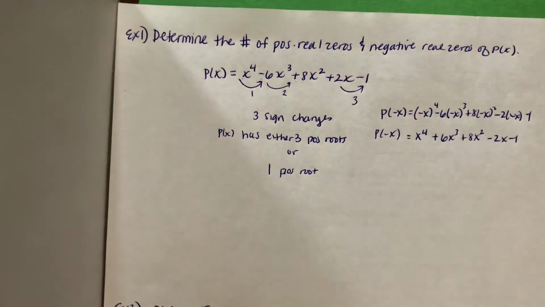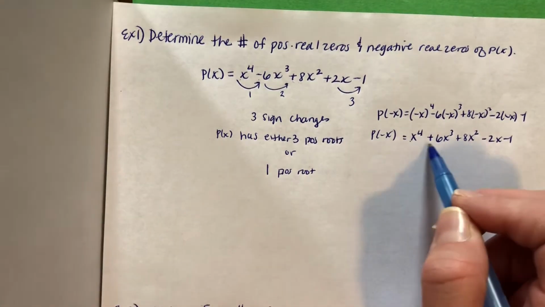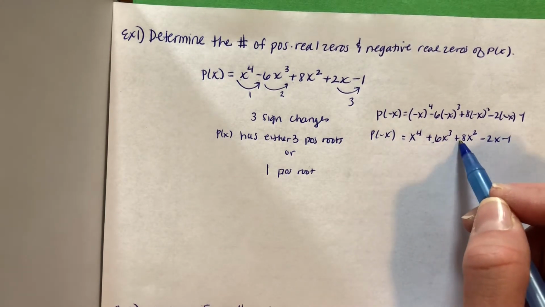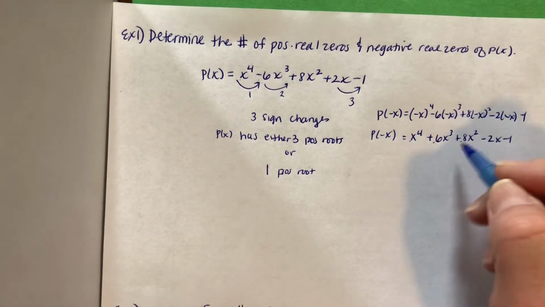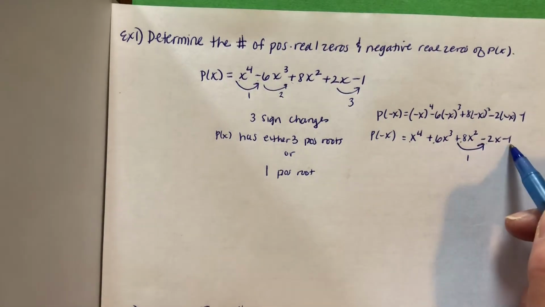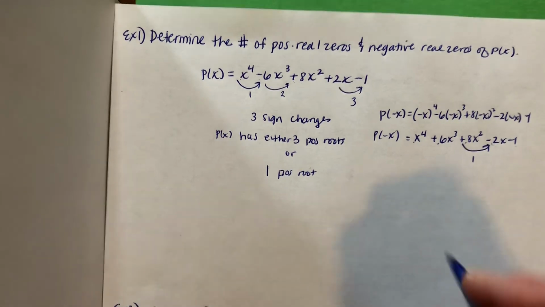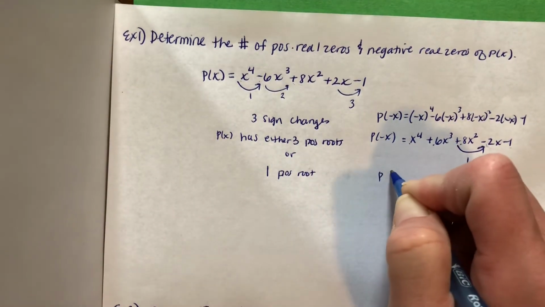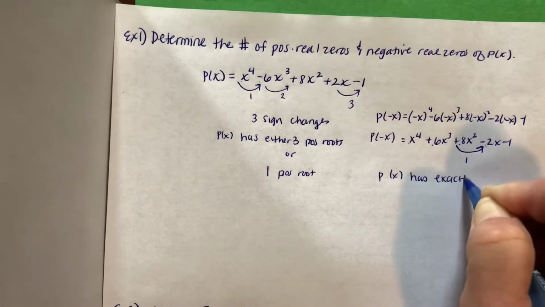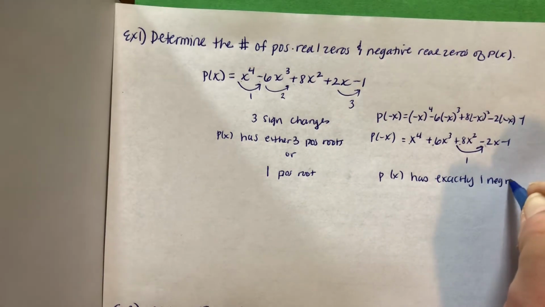And now we have to look at the sign changes here. We're going from positive to positive here. That doesn't do anything for us. Positive to positive here. Doesn't do anything. Finally, we have one sign change occurring. And this is not a sign change. There's just one. So p of x has exactly 1 negative root.